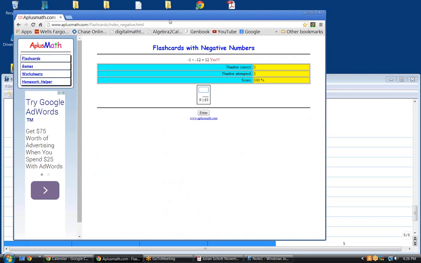Let's go back to this problem. 9 divided into 63 has to be what? Based on the reverse thinking. In other words, 9 times what is equal to 63? 7. That's how you do it.